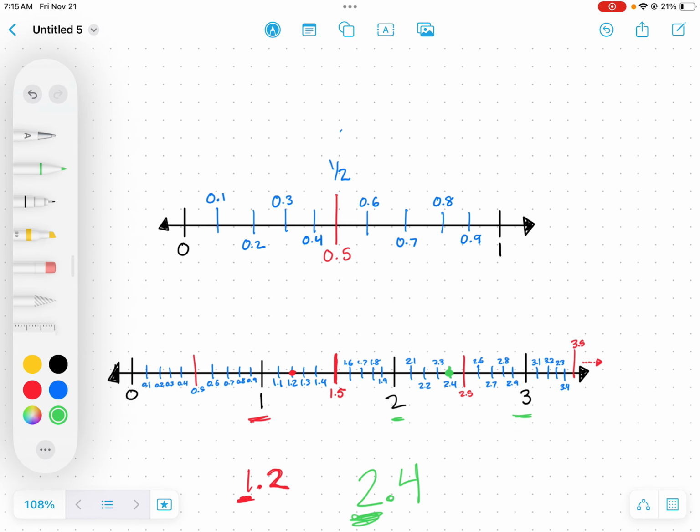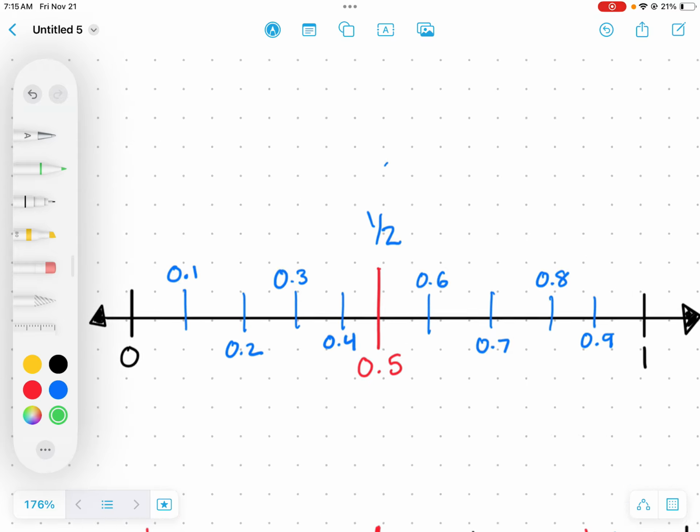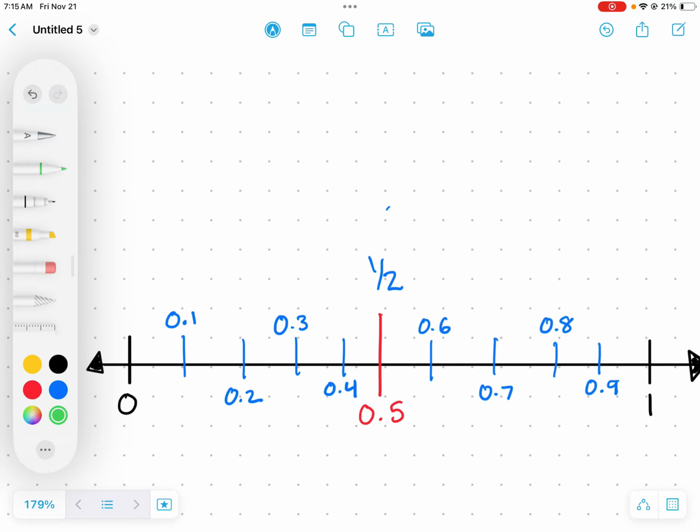Now what happens if we're trying to graph decimals that have multiple decimal points? So say I'm trying to graph 0.13, okay? Notice that all of these just have one decimal point.